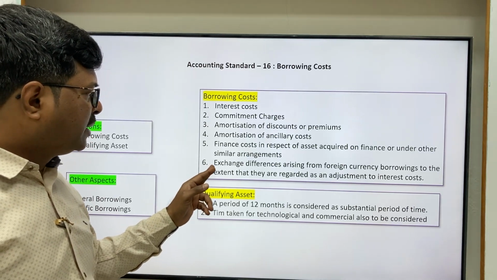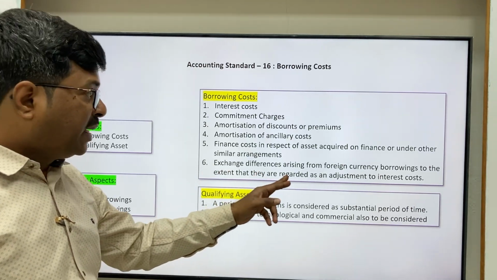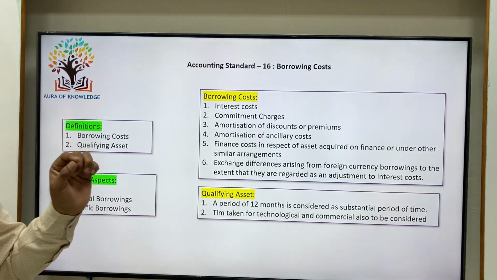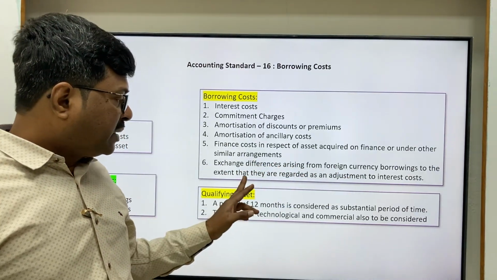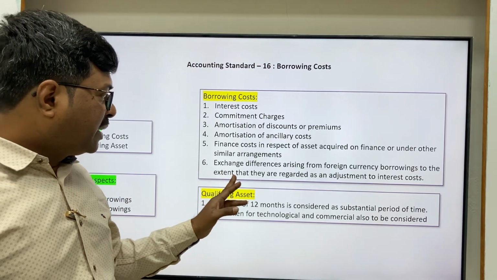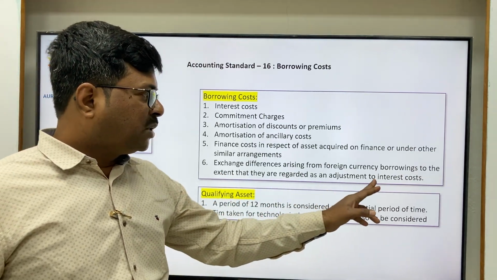The next important thing is exchange differences arising from foreign currency borrowings to the extent, and here you have to be very careful, to the extent that they are regarded as an adjustment to the interest cost.